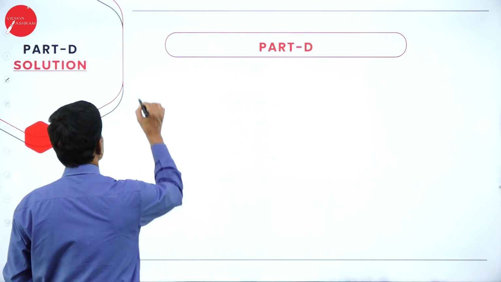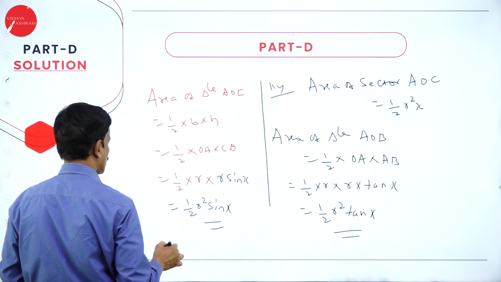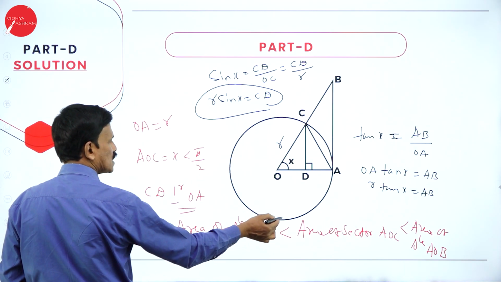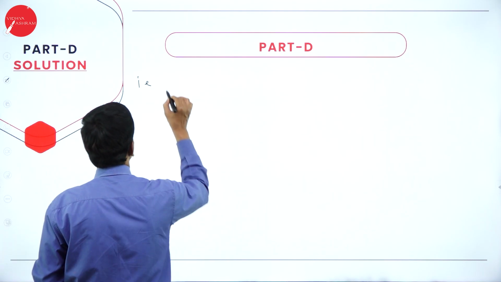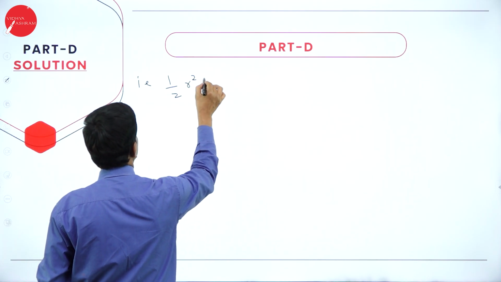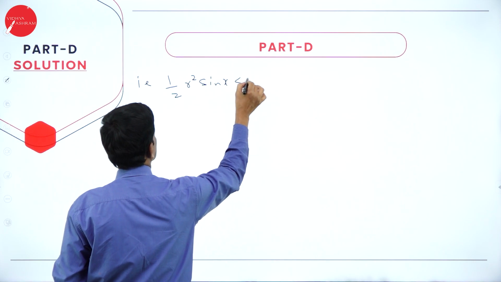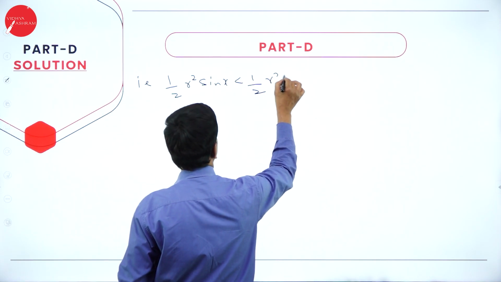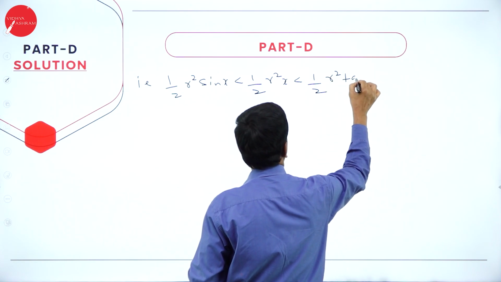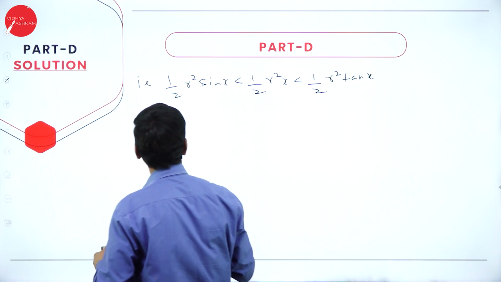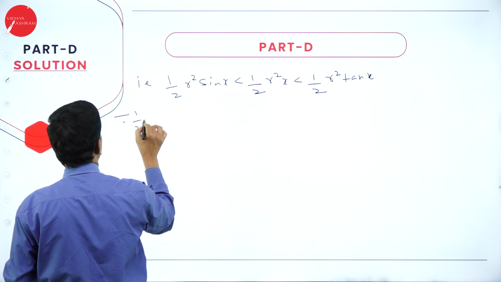So what we will get is area of triangle AOC is less than area of sector AOC, which is less than area of triangle AOB. That means half R square sin x is less than half R square x, which is less than half R square tan x. Now divide by the common factor, half R square.